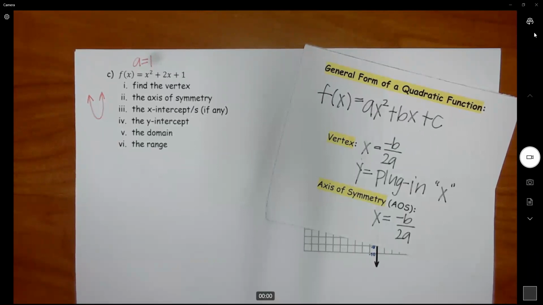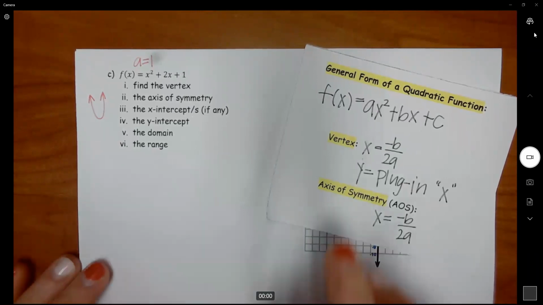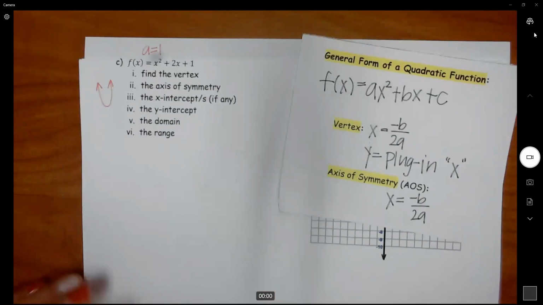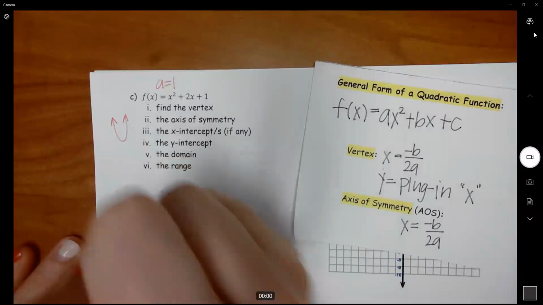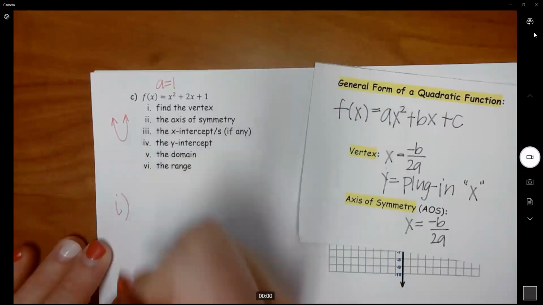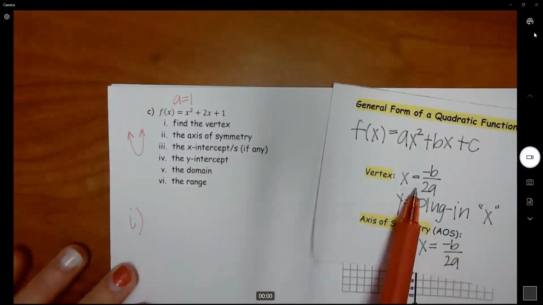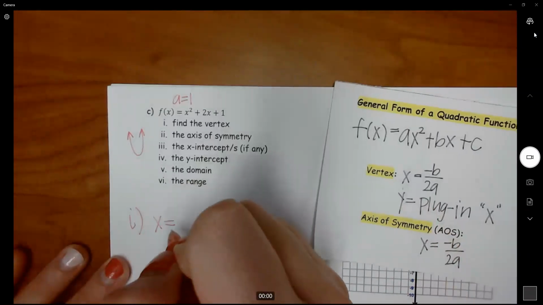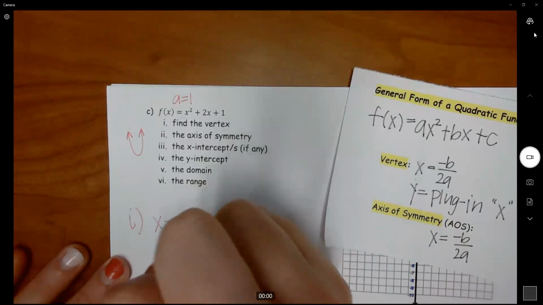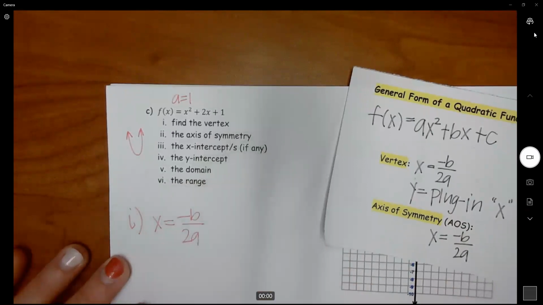Okay, so for the first part, we need to find the vertex. We have a formula here to find that vertex. My vertex formula to find x is negative b over 2a.